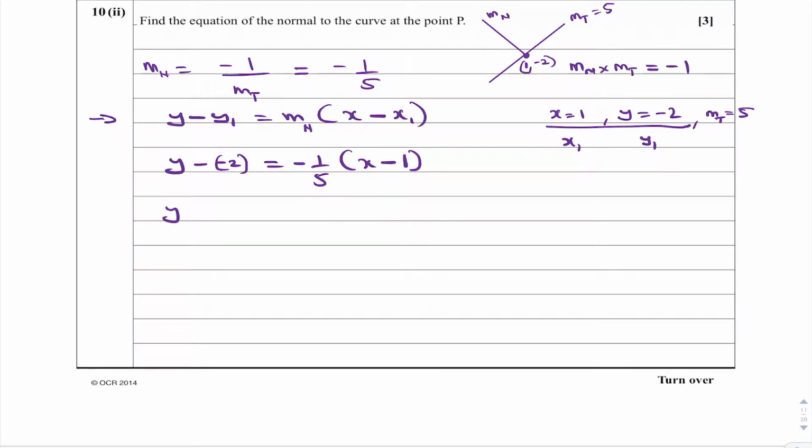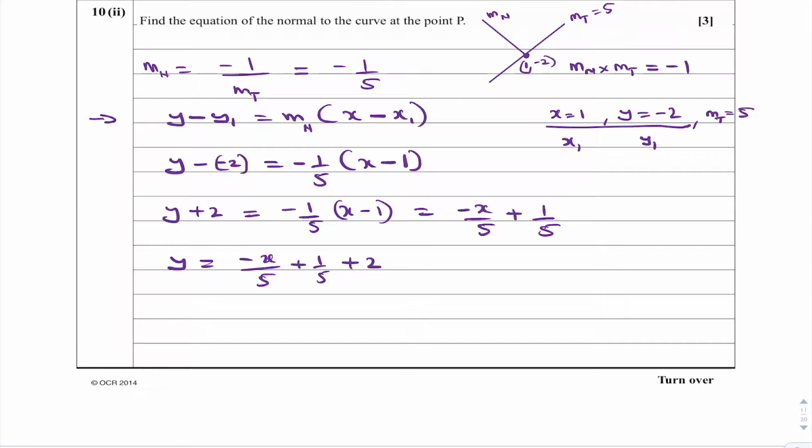y minus minus is plus 2 equals minus 1 over 5 x minus 1. So all we need to do is multiply out the minus 1 over 5. That will become minus x over 5 plus 1 over 5. So just multiply by opening the bracket. I'll take 2 to the other side. Minus x over 5 plus 1 over 5 minus 2.